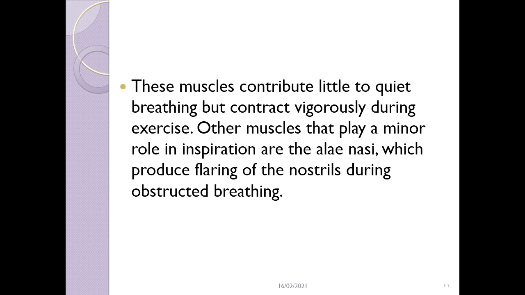Other muscles that play a minor role in inspiration are the alae nasi, which produce flaring of the nostrils during obstructed breathing.